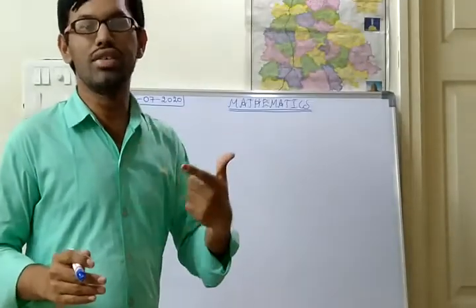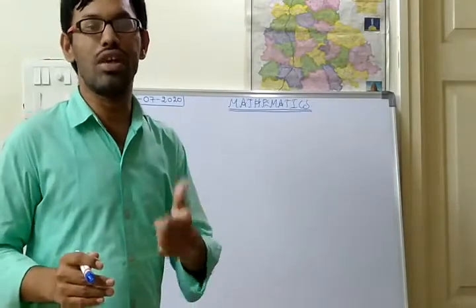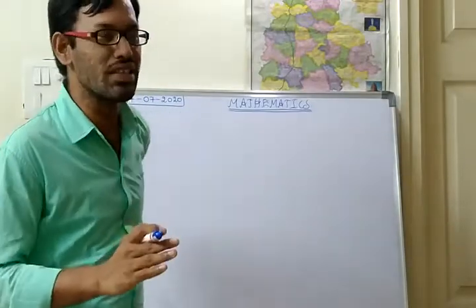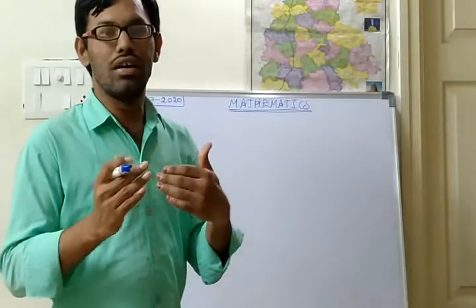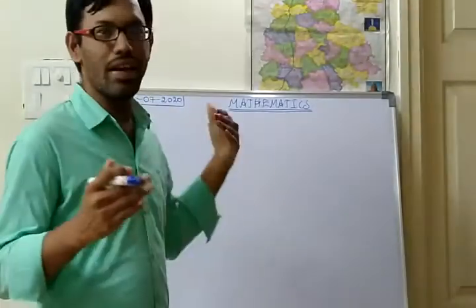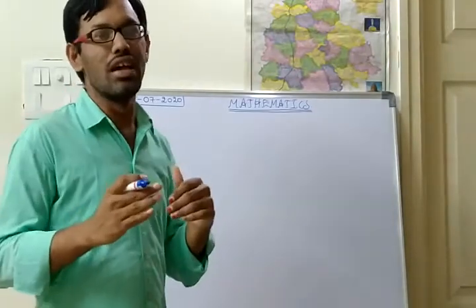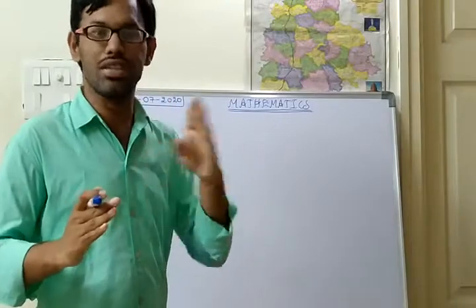A small revision part about the place values and their expansion. Already in your previous classes, like in the fifth class and the fourth class, you have a clear idea about the place values. That means places like ones place, tens place, hundreds place, thousands place, like that.